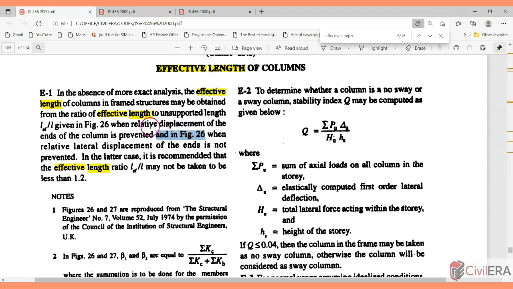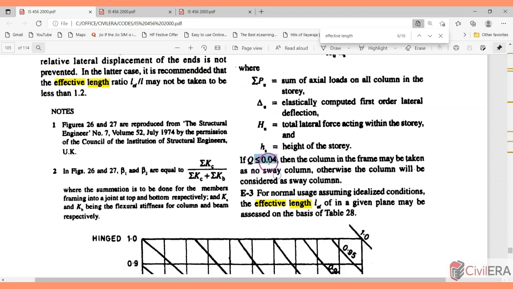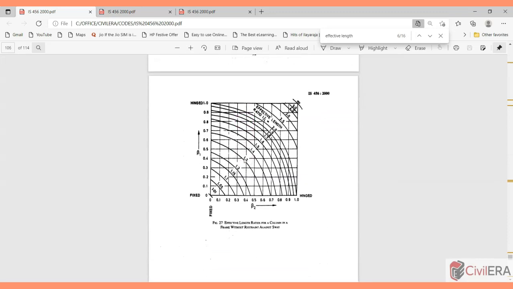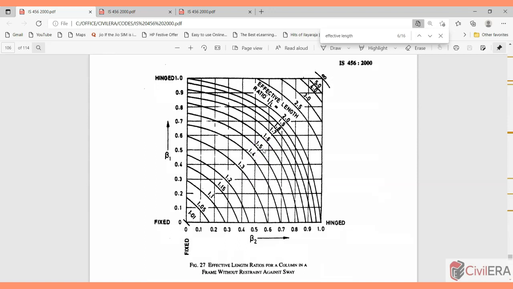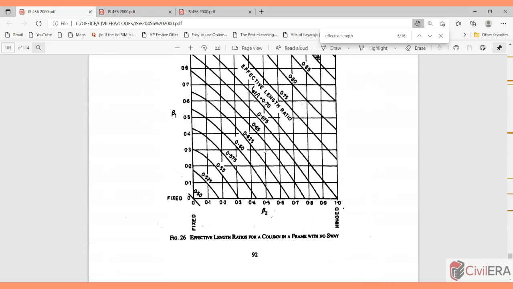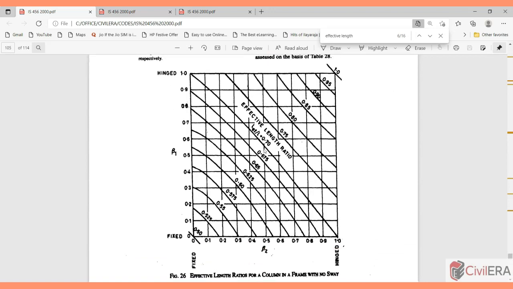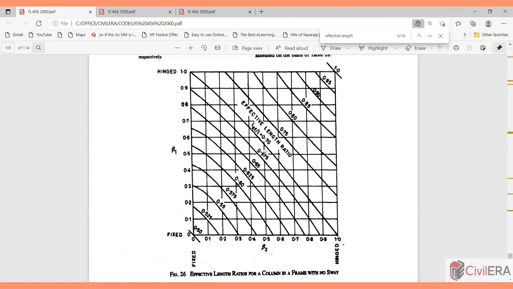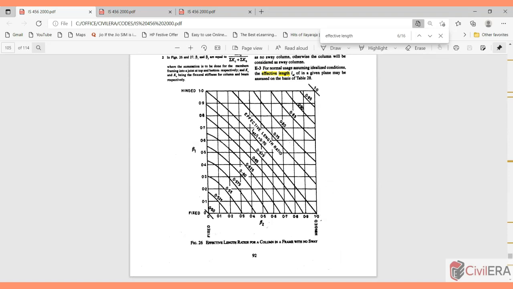You are required to calculate your sway index as per E2, and if your Q value is more than 0.04, then you have to consider your frames or floors as sway and go to this table to get your effective length factor. Or if your Q value is less than 0.04, then you pick your effective length factor based on the no sway condition.